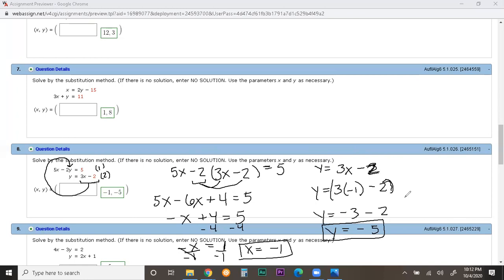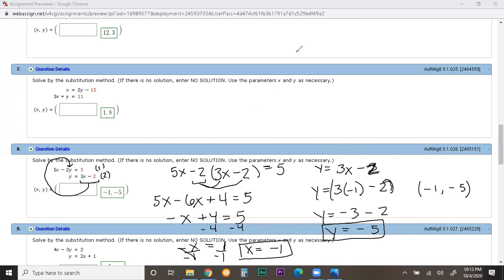Since we have a definite x and a definite y, that is going to be our ordered pair: negative 1, negative 5. Remember, WeberSign already has the parentheses here for you. So this will go on your paper, and in WeberSign, you will just type negative 1, negative 5.